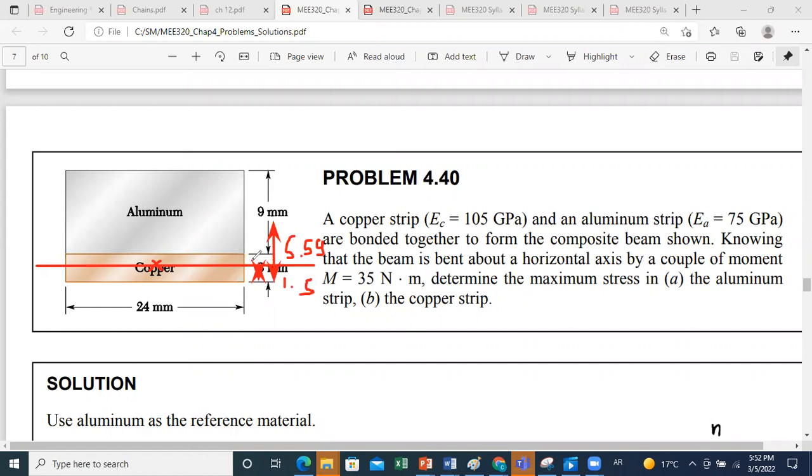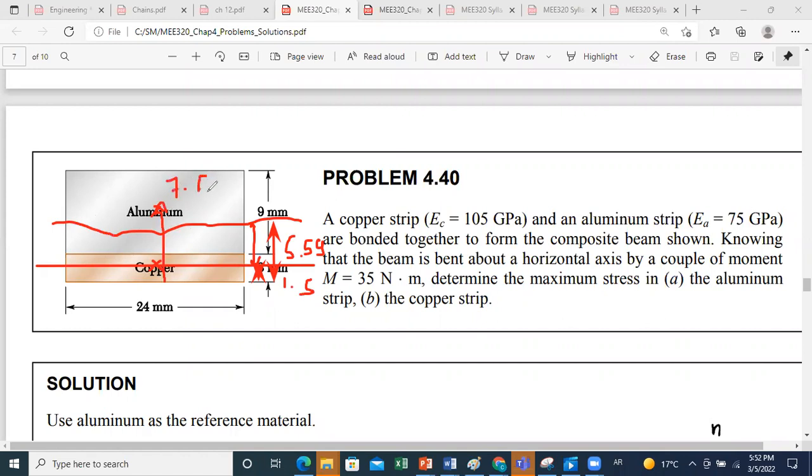We get the distance between the axis passing by the centroid of area 2 and the neutral axis. And for aluminum, we said that the position of y bar is at 7.5 millimeter from the bottom line.